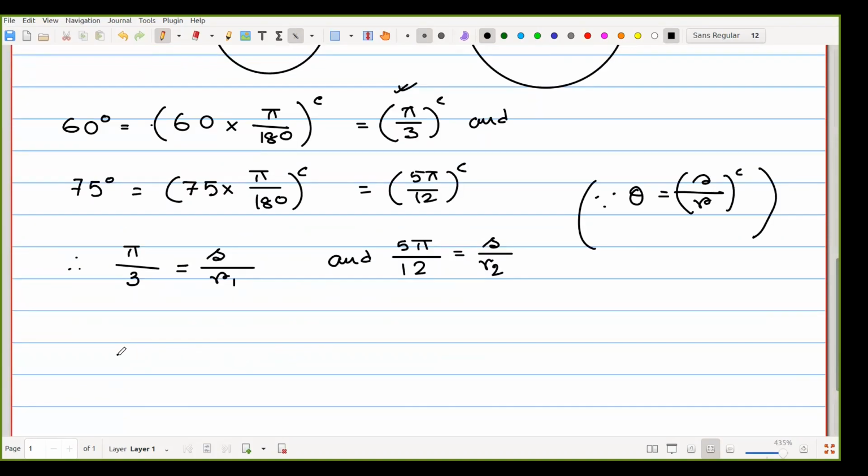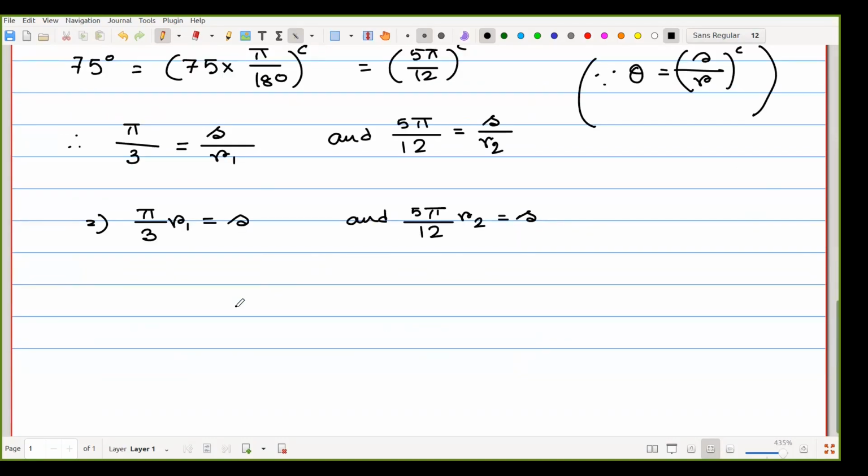So we can say from here that pi by 3 into R1 is equal to S, and from here that 5 pi by 12 into R2 is equal to S. Now both the arc lengths are equal. So we can say pi by 3 R1 is equal to 5 pi by 12 R2.